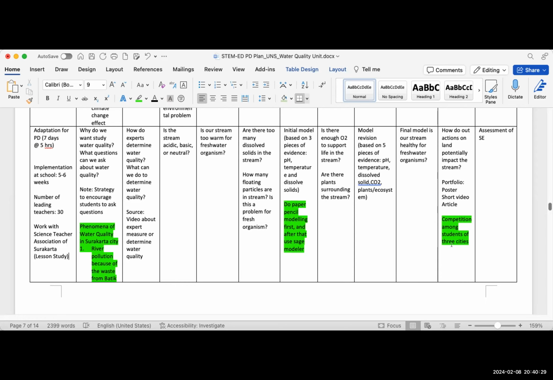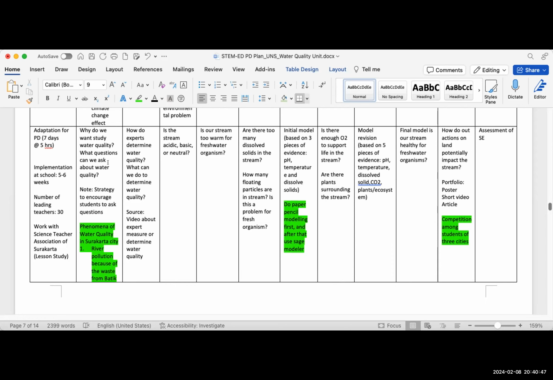I'm also thinking we might be able to hold a competition among students after they learn about water quality. So we adapt the lesson unit from Anne, but we make some modifications.